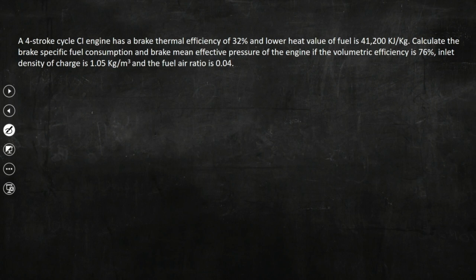A 4-stroke cycle CI engine has a brake thermal efficiency of 32%.